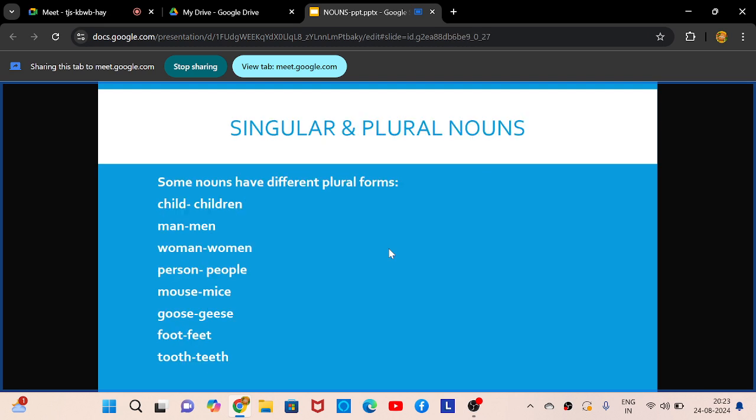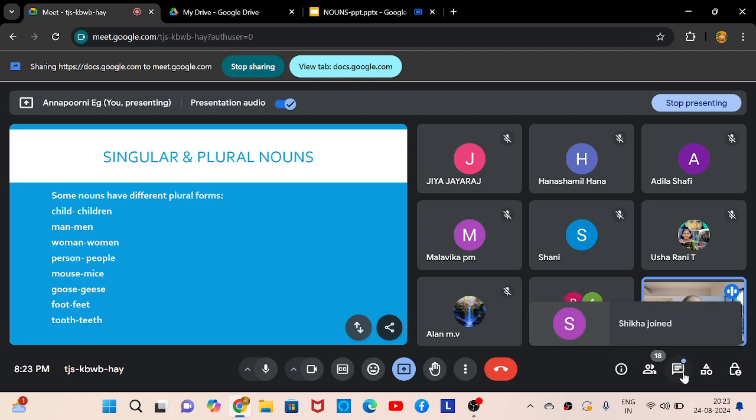Now moving to singular and plural nouns with different forms. Some nouns have different plural forms. For example, child, children, man, men, woman, women, person, people, mouse, mice, goose, geese, foot, feet, and tooth, teeth. Okay, what is meant by a goose?